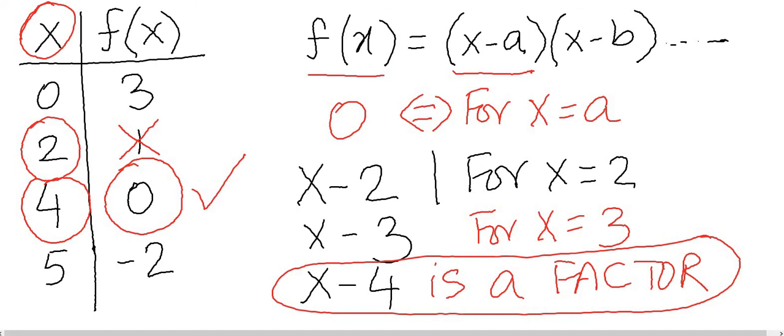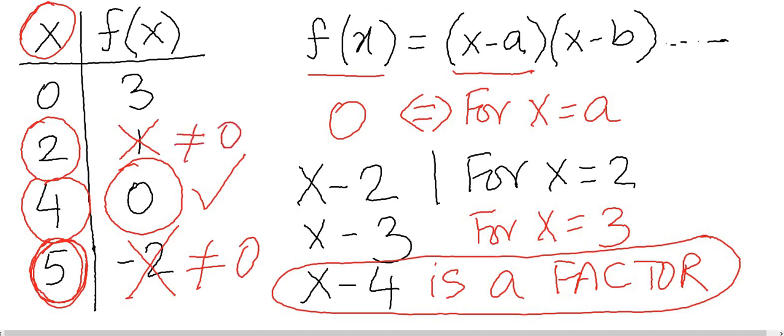Is that a factor? Okay, so if x minus 5 is to be a factor, for x equal to 5, fx should be 0, but it is not equal to 0, right? So the only 0 that you see in the column for fx is for x equal to 4. So x minus 4 is a factor.